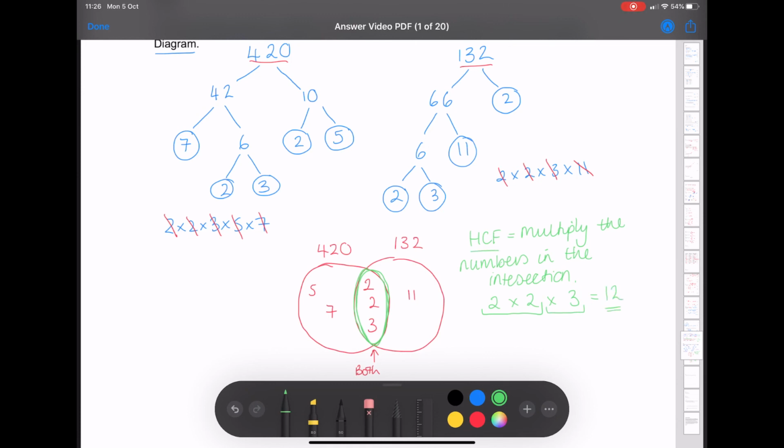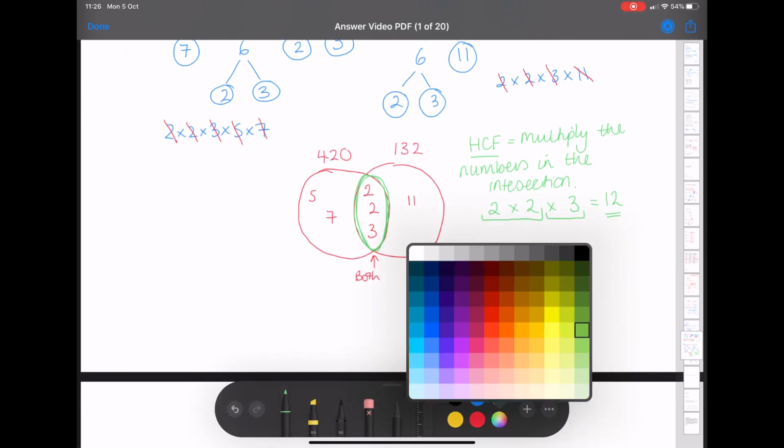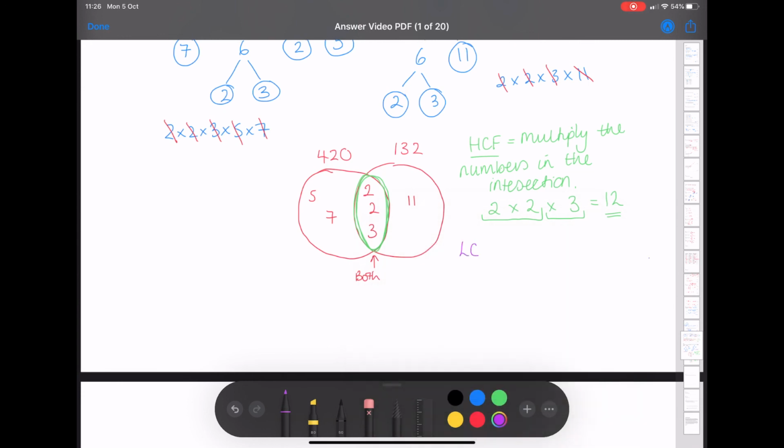All right. Then for your lowest common multiple, which I'm going to do in purple, that means that you multiply all the numbers in the diagram together. Okay, in the diagram, not from these lists up here.